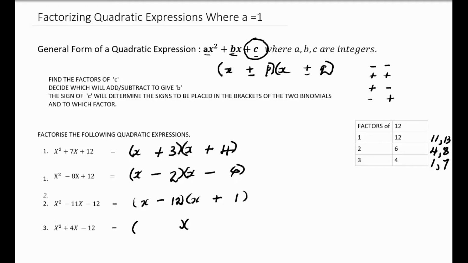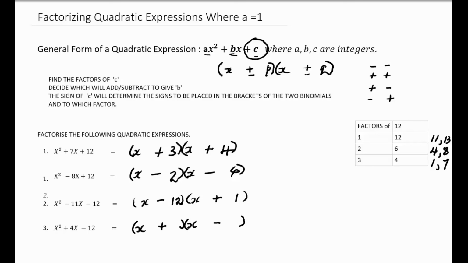Now let us look at the last example. We're going to have an x here and likewise an x in this box. Again, c is negative, so we'll have a positive and a negative. Now, the sum is positive. Therefore, the bigger of the two factors which can subtract or add to give us 4 must be positive.